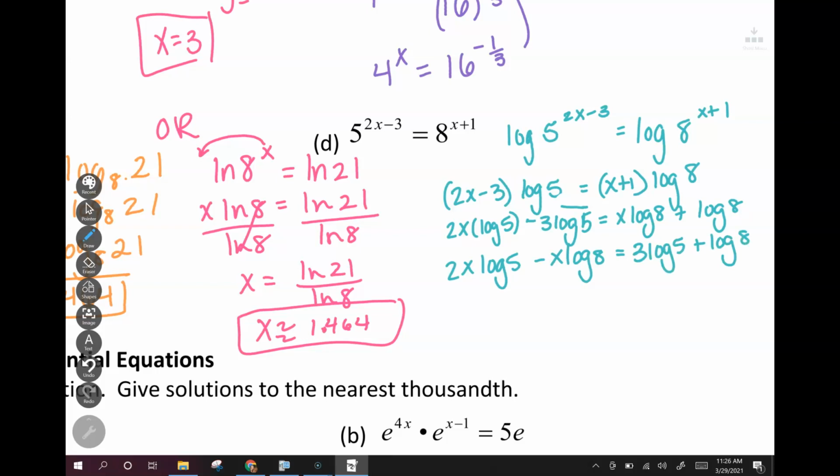Okay, so now everything that has an x is on the left, everything that does not have an x is on the right. I'm going to factor the x out right here as a GCF, so x comes out. I'm left with 2 log 5 minus log 8.